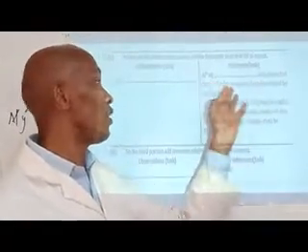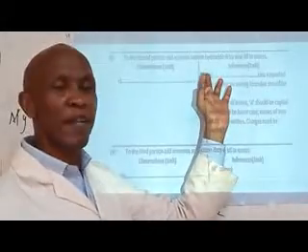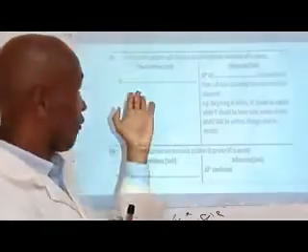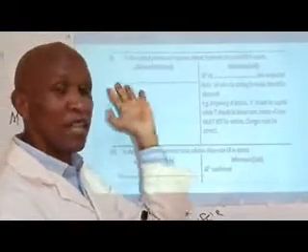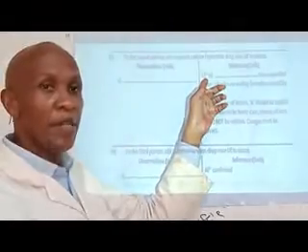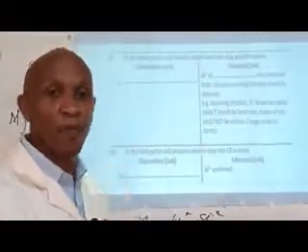Don't write names, write the correct formula. So we are suspecting aluminium ions. What did we see with sodium hydroxide? Definitely we saw a white precipitate that dissolved in excess. That's why we are suspecting aluminium ion. What else can be suspected?